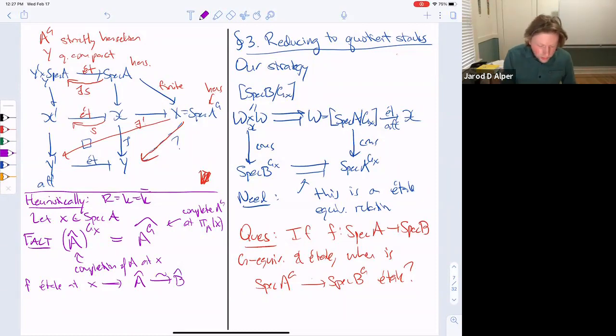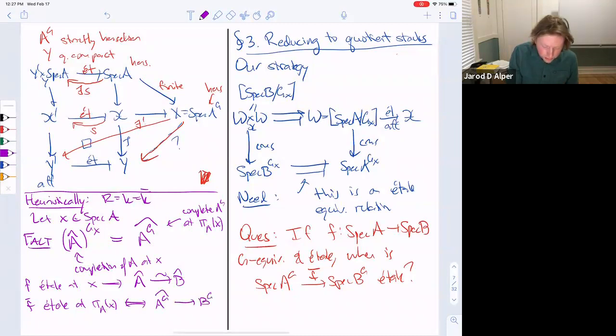And we want to know, when is this quotient map, let's call that F bar, étale at the image? Well, if and only if the induced map of its local rings, so the completion of A^G mapping to the completion of B^G, is bijective.